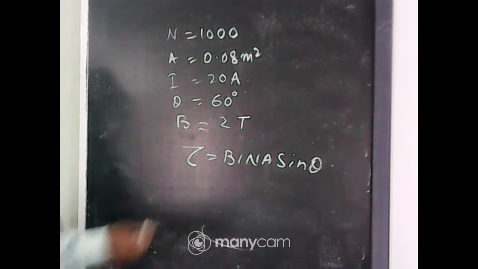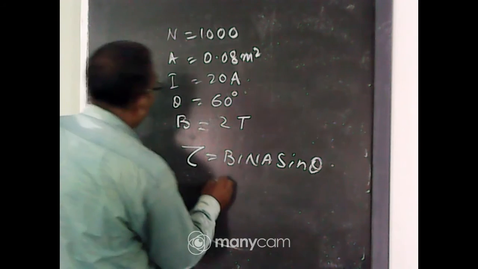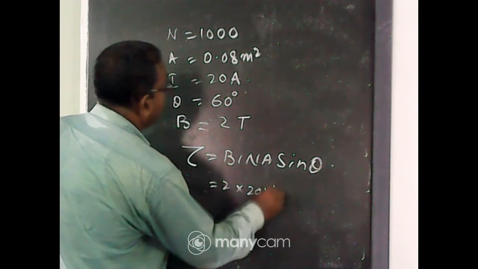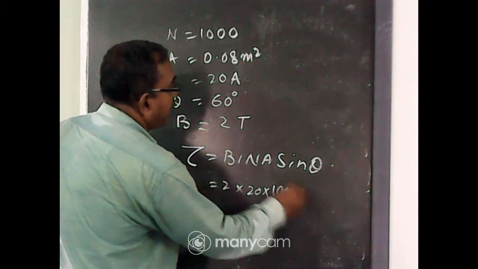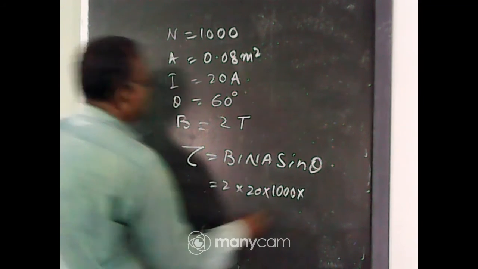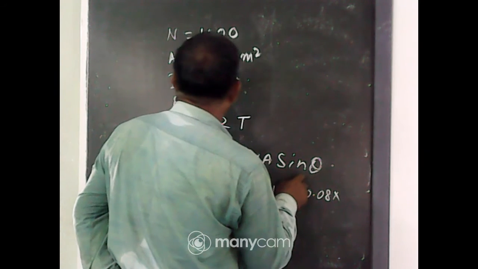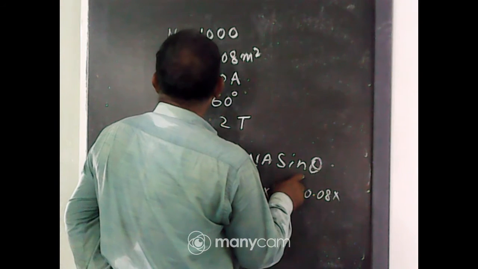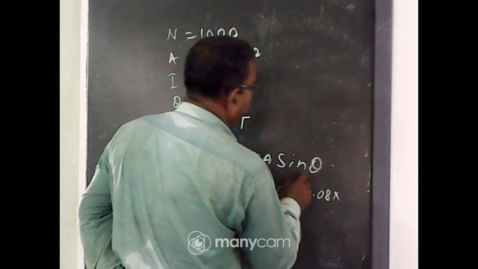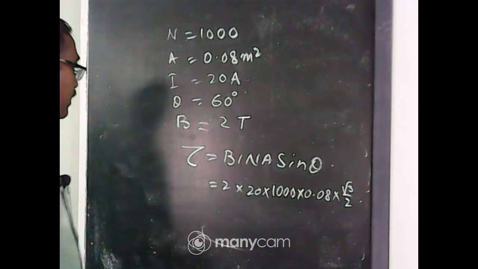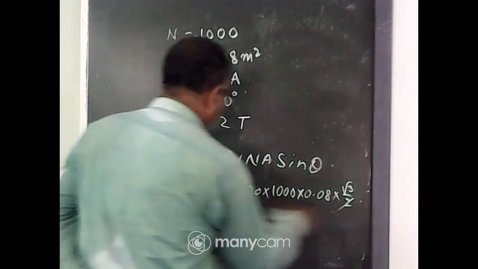You put it and find out the value. B means 2, I means 20, N means 1000, A means 0.08, and sin 60, theta 60, sin 60 means root 3 by 2. 2 to cancel.